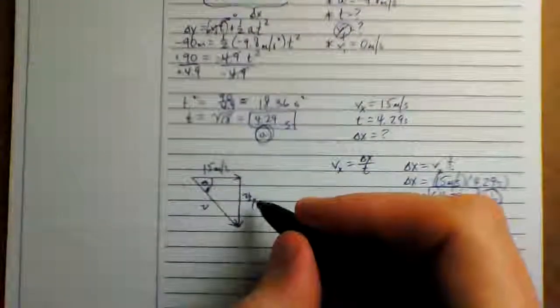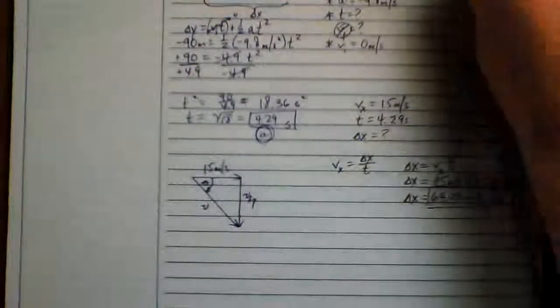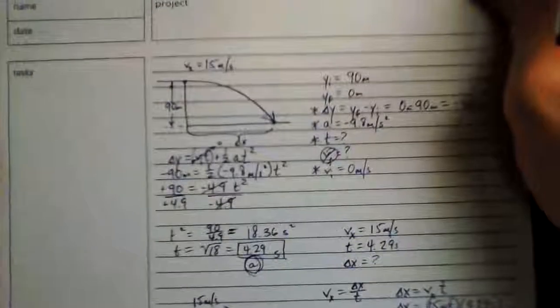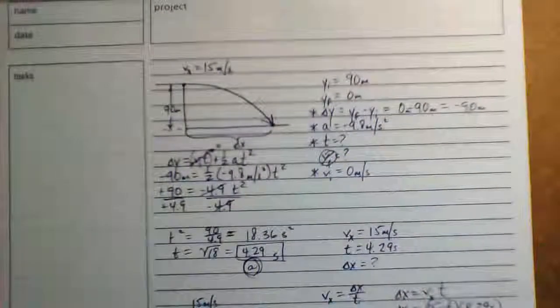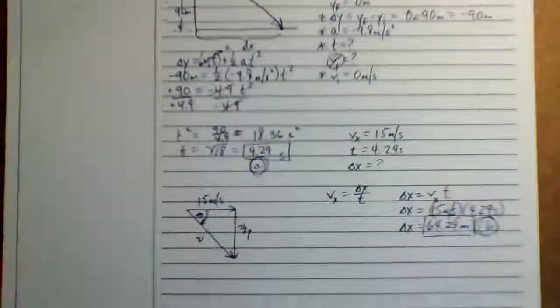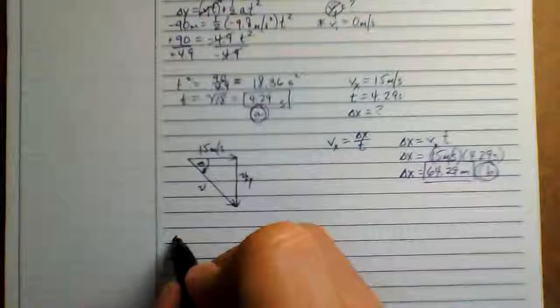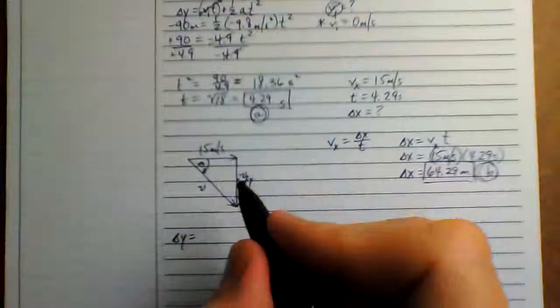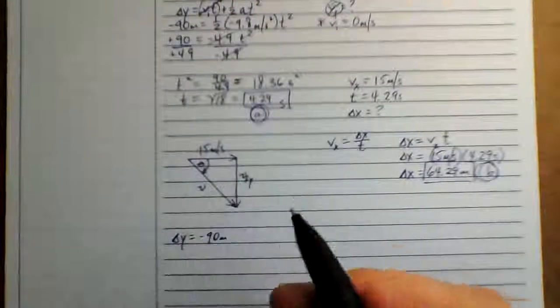So to find vf in the y direction, we're not going to use any of the information we used for part B. We're going to jump back up here and look at things that are happening for part A. What we do know is that, and I'm going to go ahead and rewrite this underneath here, delta y equals negative 90 meters. This is landing underneath where it starts.